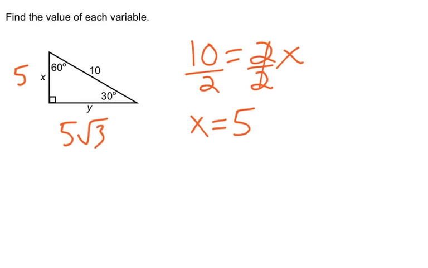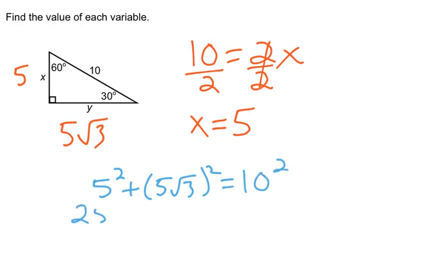Now if you want me to go ahead and prove that that actually works, if you did the Pythagorean theorem, you would get 5 squared plus 5 root 3 squared. Does that equal 10 squared? Well, in this case, you have 25 plus, now here's a little tricky part, you have to square both of these.